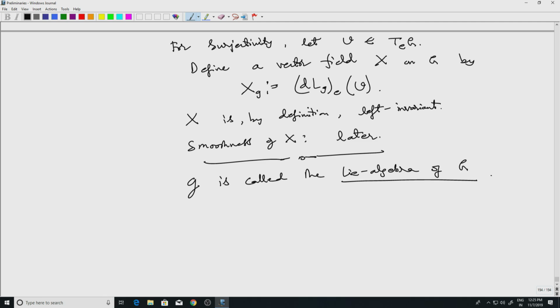Now as examples, for GLnR: GLnR is an open subset of MnR, which is a vector space of dimension n squared, and therefore the tangent space at identity, for that matter the tangent space at any point, can be identified with the ambient vector space, which is MnR.